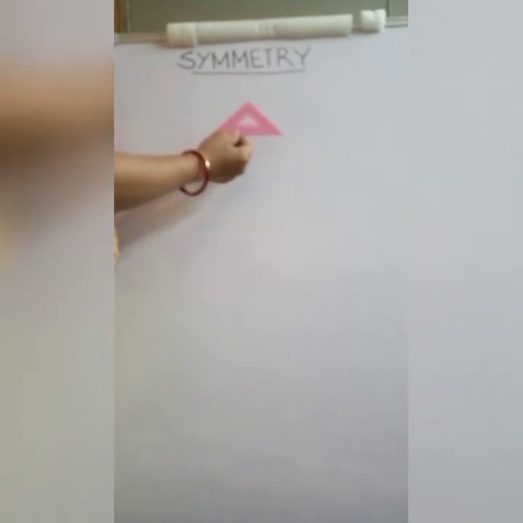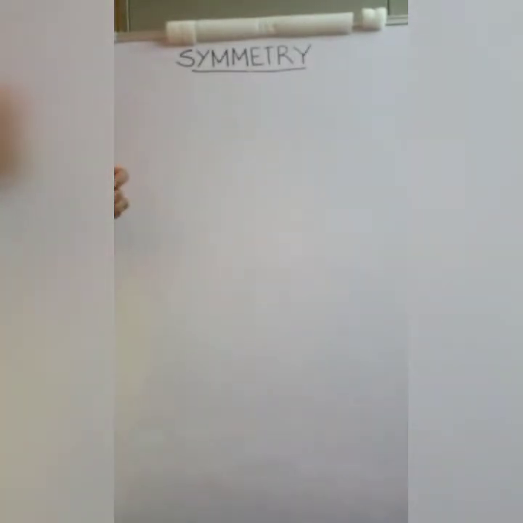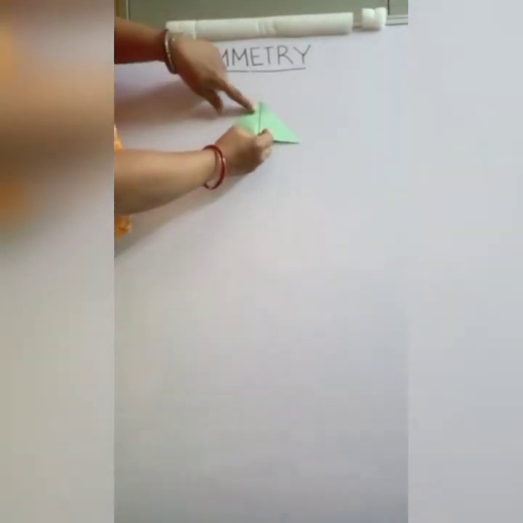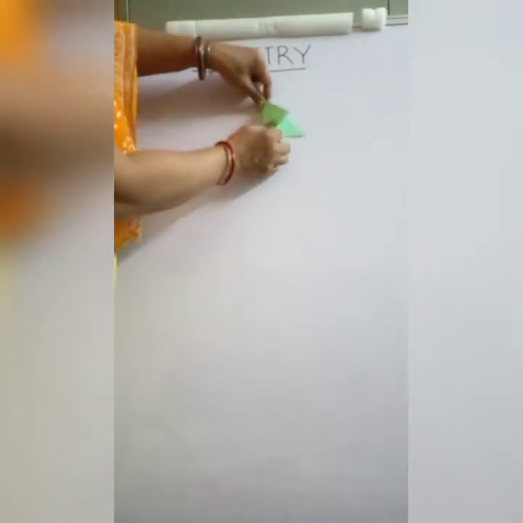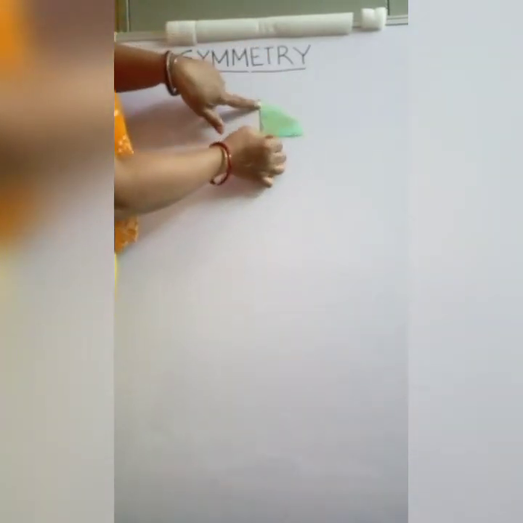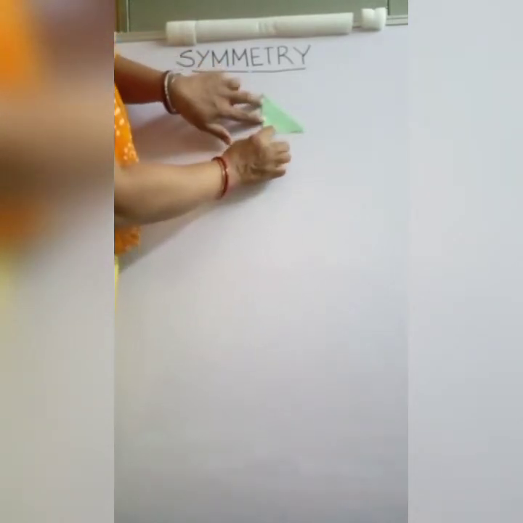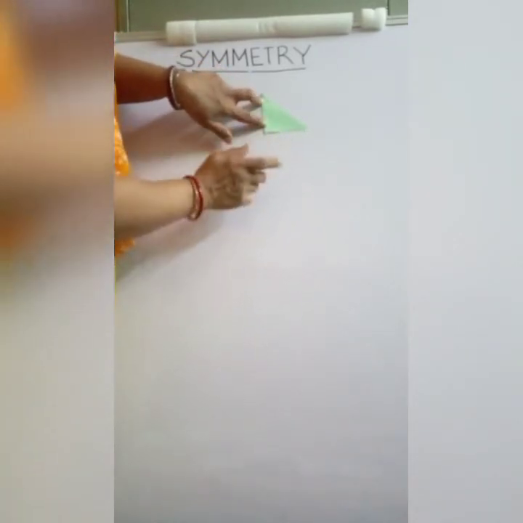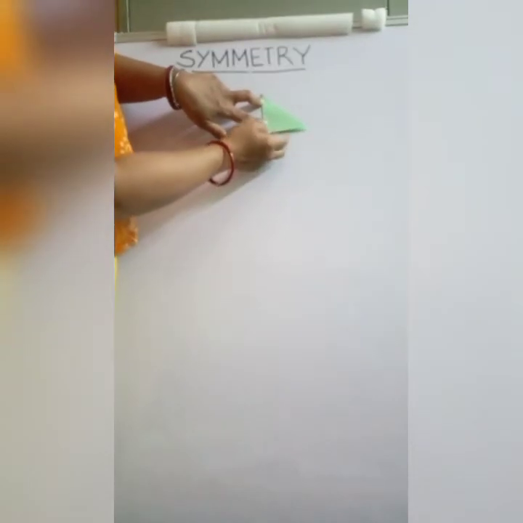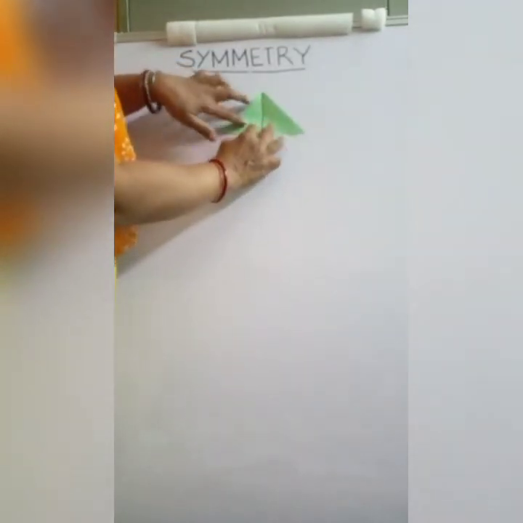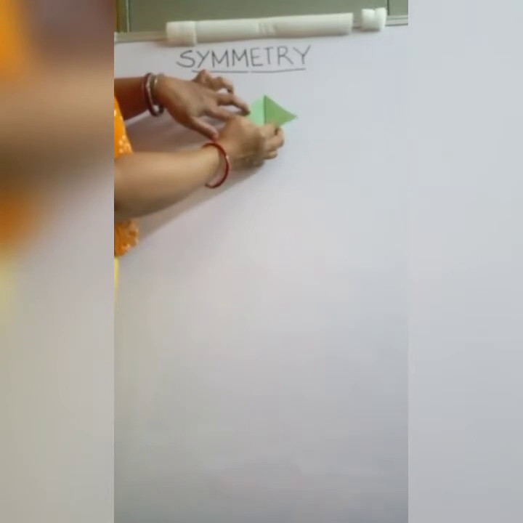So this is an isosceles triangle. See, these two sides are equal, and when we are folding it like this, the two halves are overlapping, they are coinciding. So an isosceles triangle has one line of symmetry.